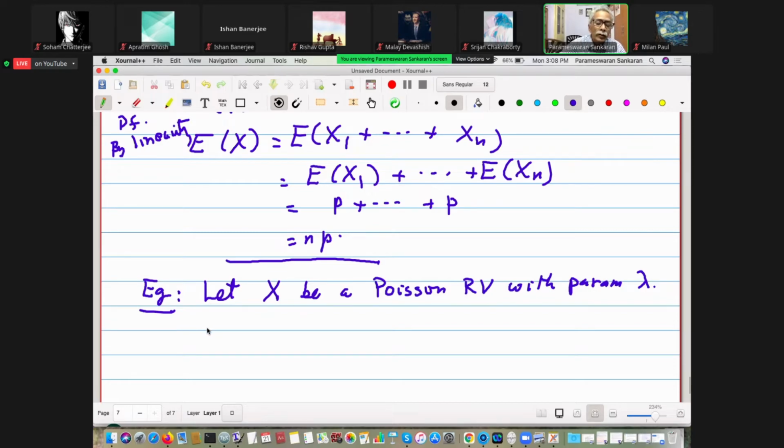So x is discrete and it takes values 0, 1, 2, 3, and so on. And the probability of x equal to k is e power minus lambda times lambda power k by k factorial.